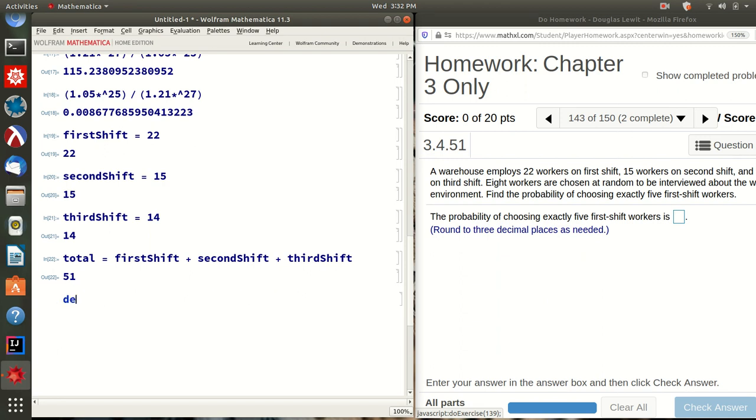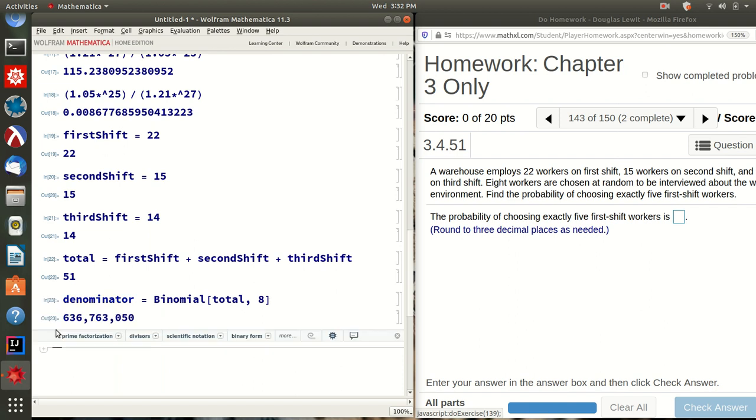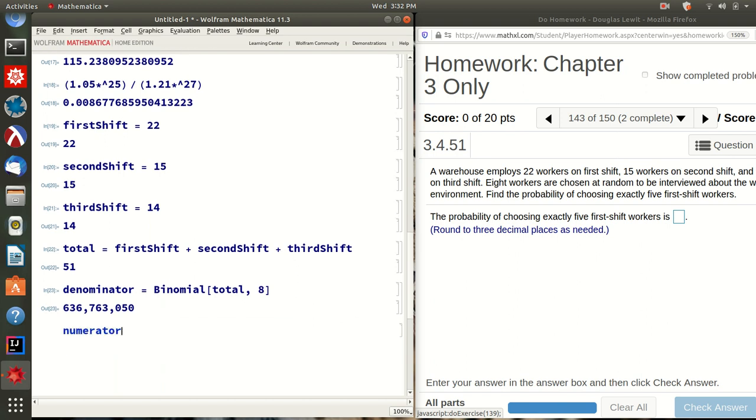So the denominator is going to be binomial total, which is 51, and we're choosing 8 workers. And that's going to be 636,763,050.